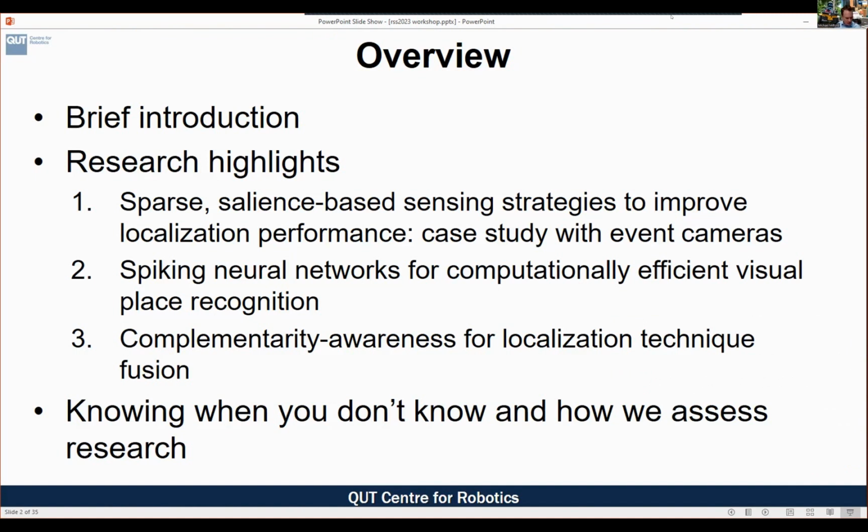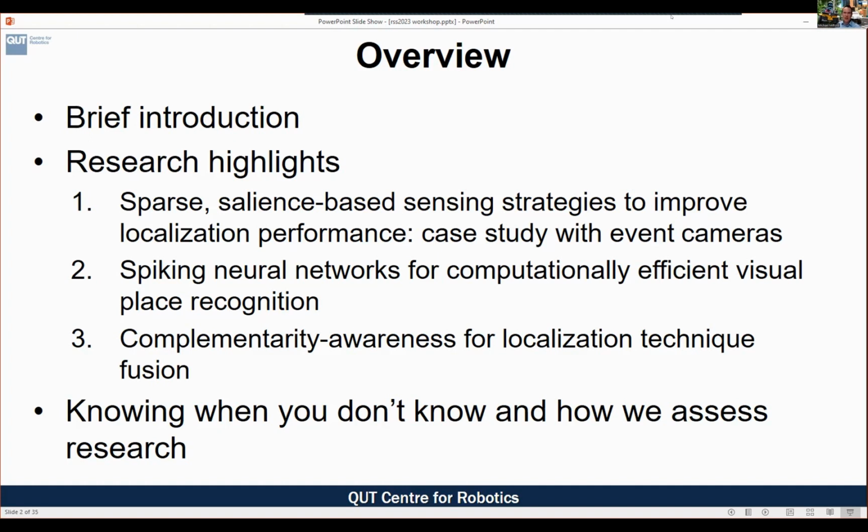So in the time I have today with you, I want to briefly introduce who we are, and to the topic of the workshop, I want to talk about three key areas of research that we work in that I guess align with some of the themes of what was talked about in the introduction to this workshop. I'll just be giving a high-level overview of the key takeaways and approaches.